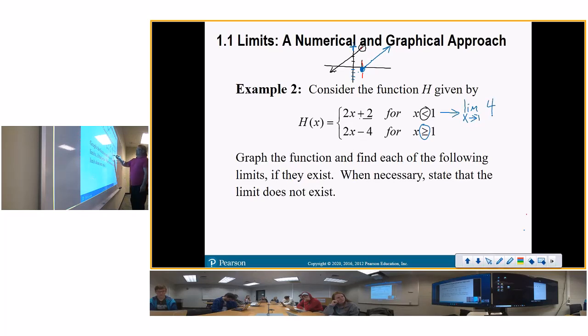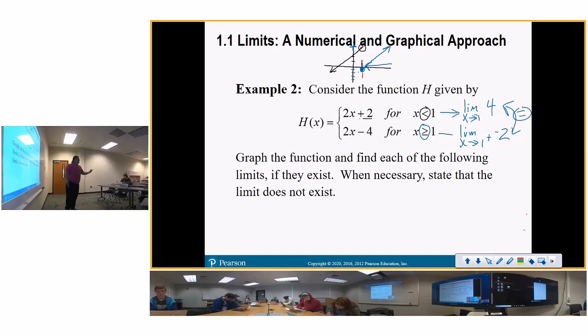What is the limit as x approaches 1 from the right? It's -2. Are these two equal? Does the limit exist? Is it continuous? No, it's not continuous, and the limit does not exist. Simple as that.